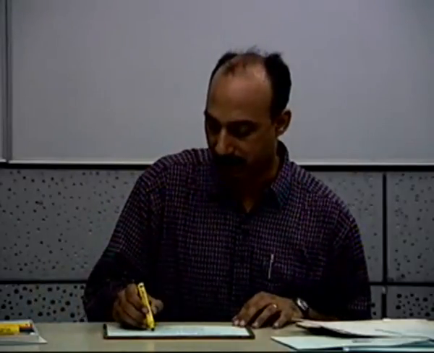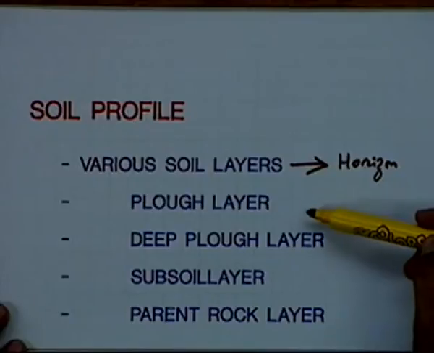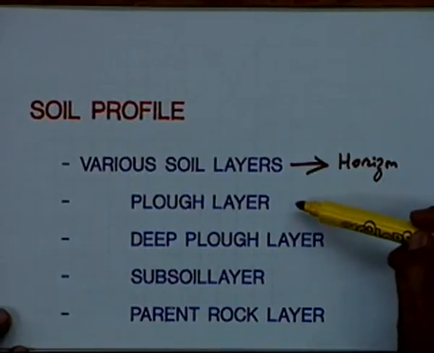Now these layers, sometimes you term them as horizons. These various layers have different characteristics. In general, you will find that typically these layers can be classified into different layers.